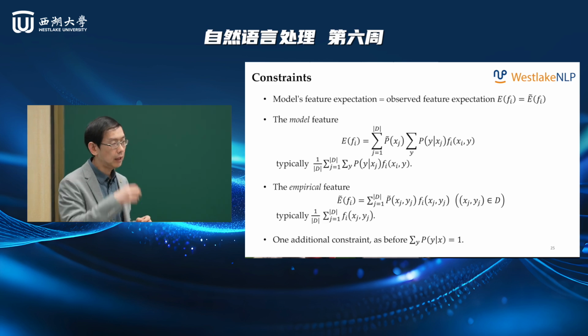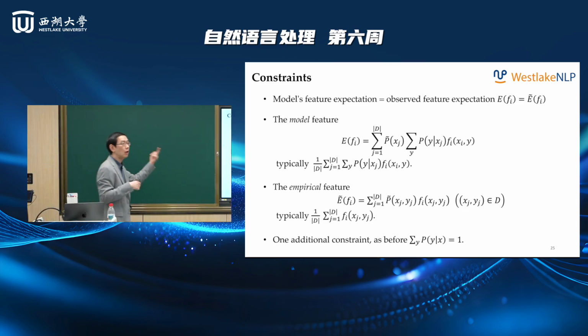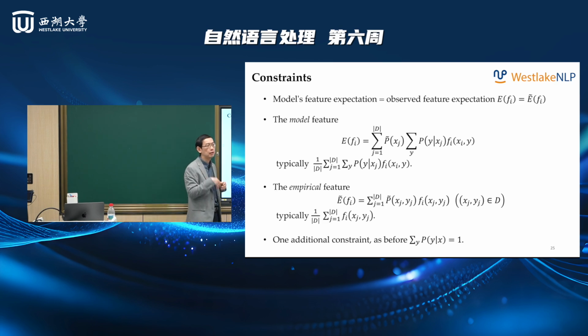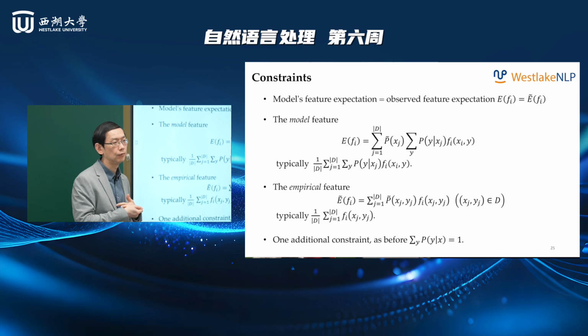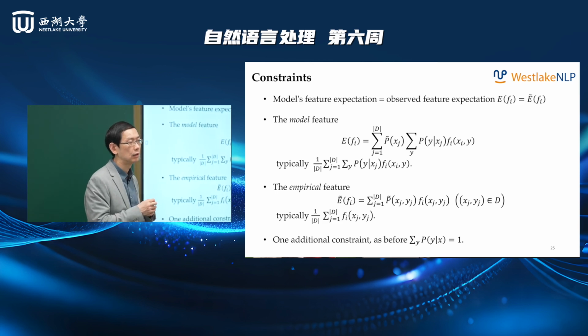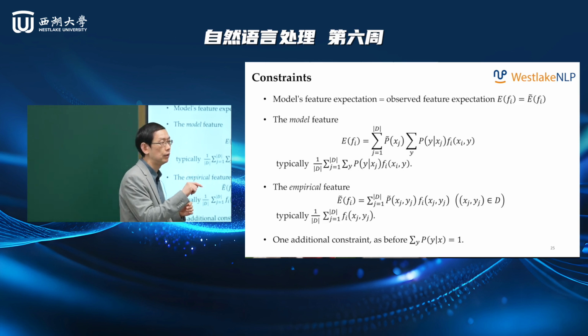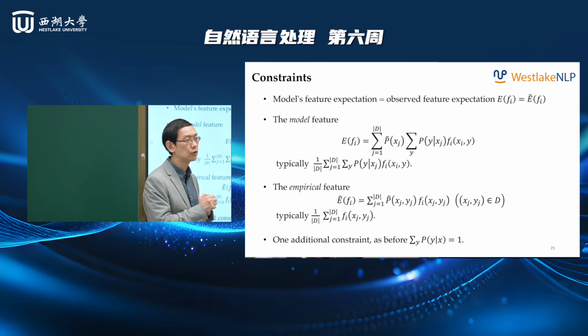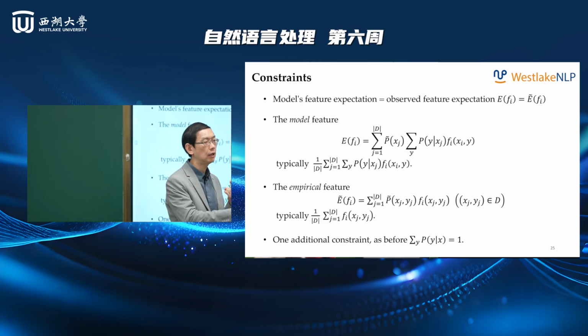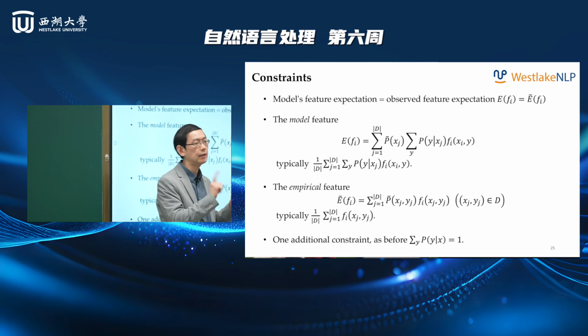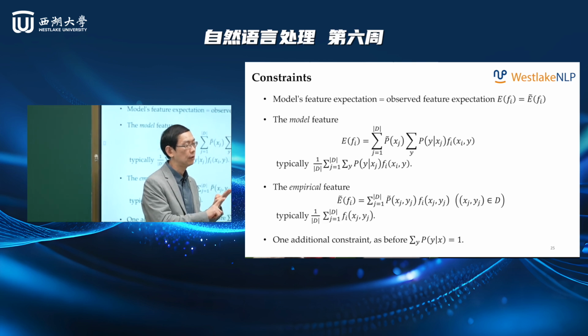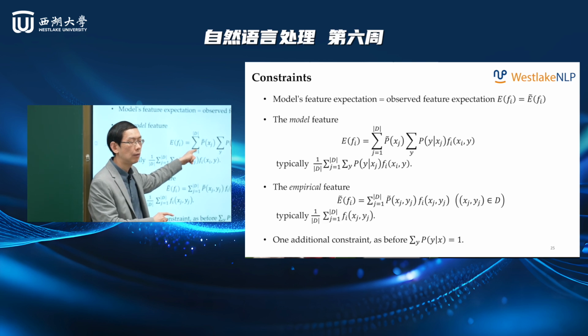And then I enumerate all possible class labels. Let us assume we do not know the gold class label. We do not know that the document is labeled sports. I can assume that it could be sports, finance, politics, and technology. So I enumerate all possible y.